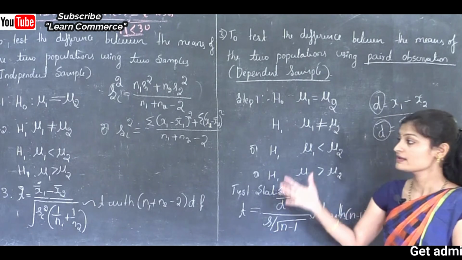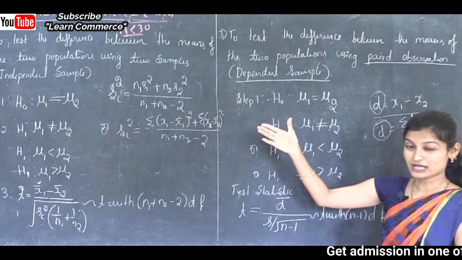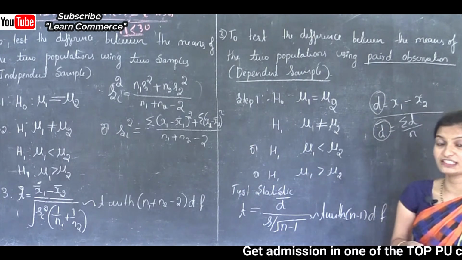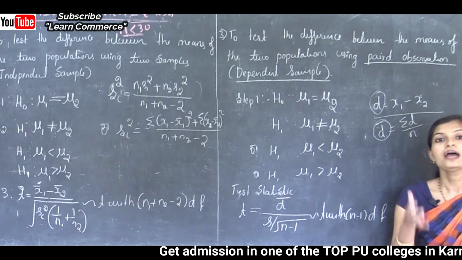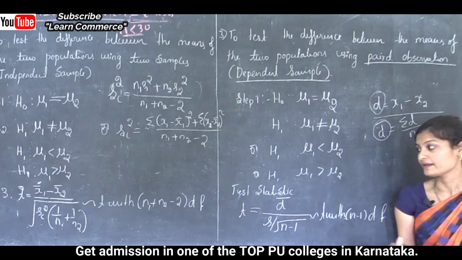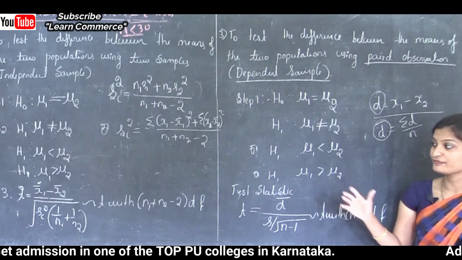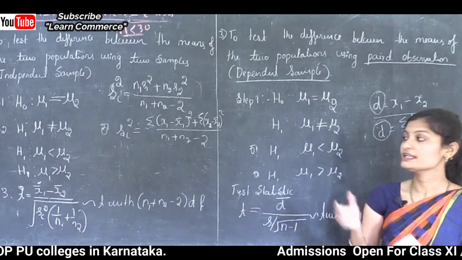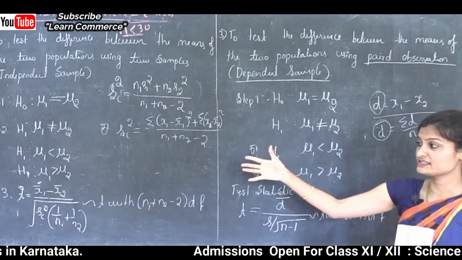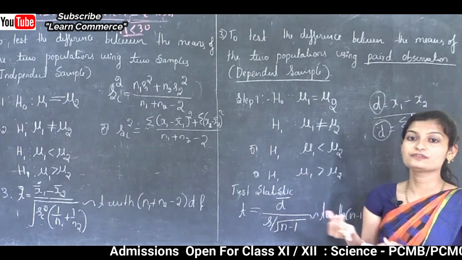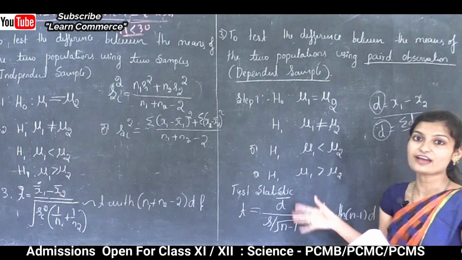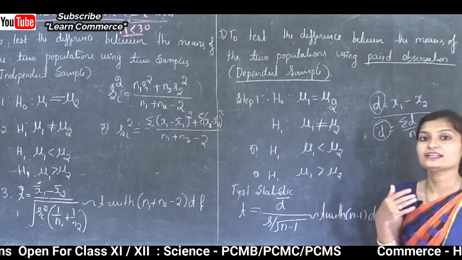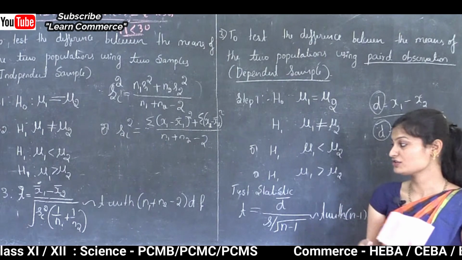Step 4: based on the alternative hypothesis and level of significance we can find the critical value, denoted by K. And the last step, step 5, is the conclusion part. As we discussed in the previous application, if the calculated value lies in the acceptance region, then H0 is accepted, otherwise H0 is rejected.